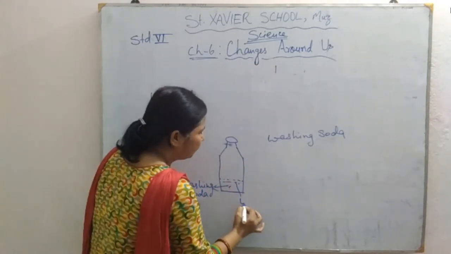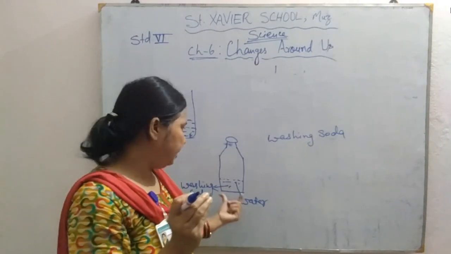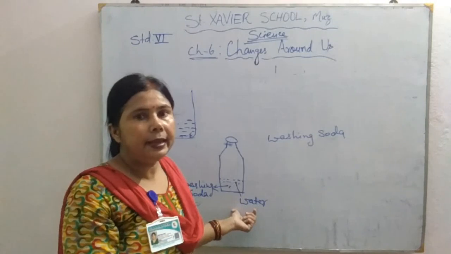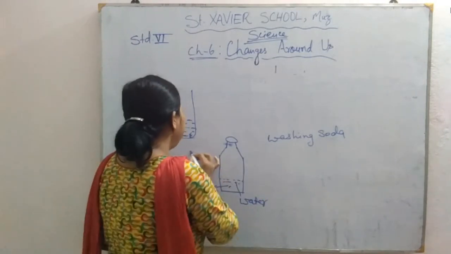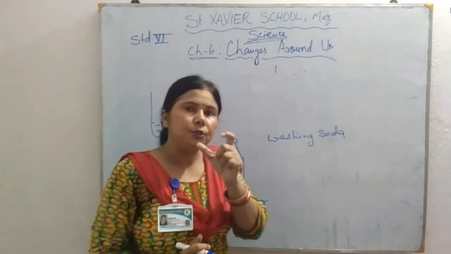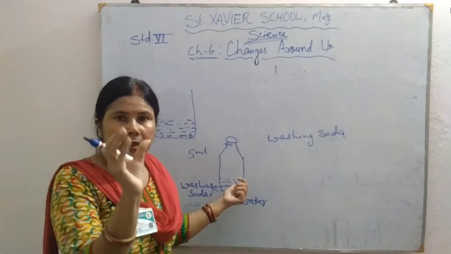Then shake it so that washing soda dissolves in water. Then add about 5 milliliter of lemon juice to it.